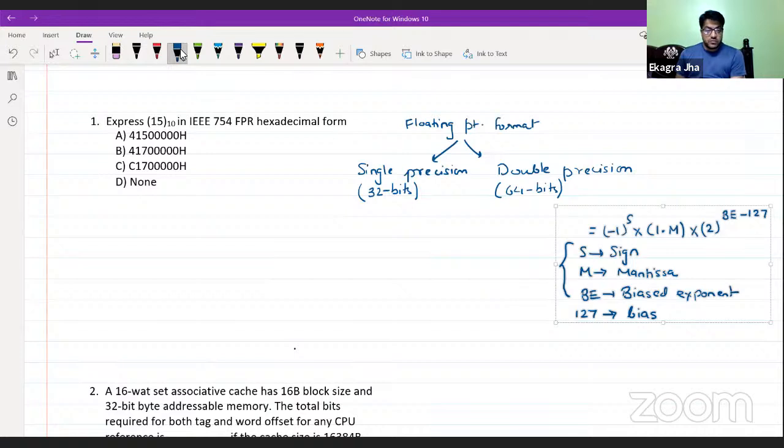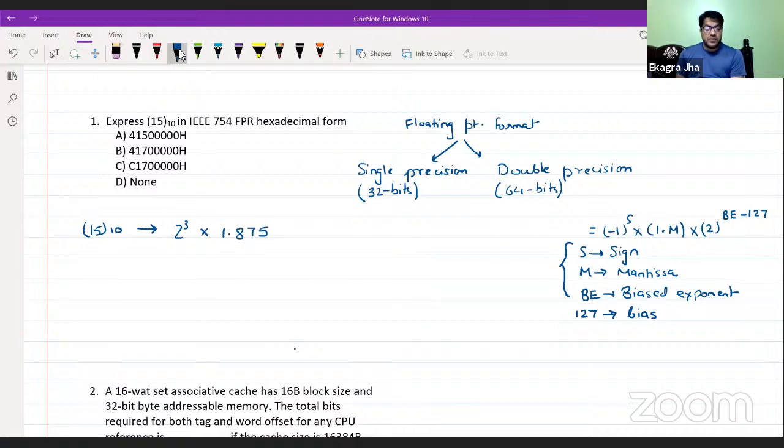Okay. So let's start with 15 in decimal. How do you convert this into the floating point value? So 15 in decimal should be broken as 2 to the power 3 multiplied by 1.875.